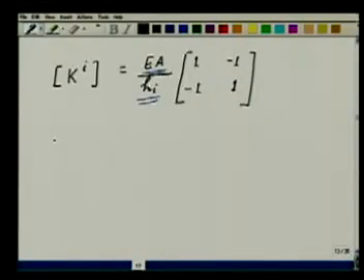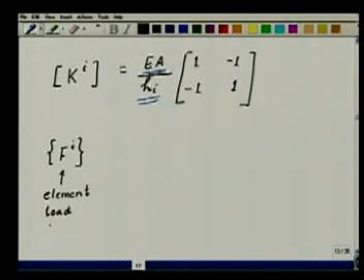Similarly, if I am looking at Fi, that is the contribution to the element load vector.